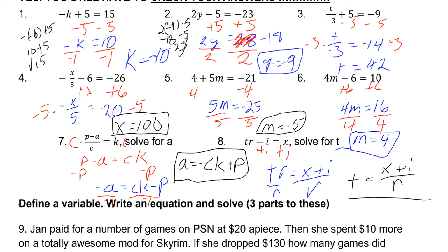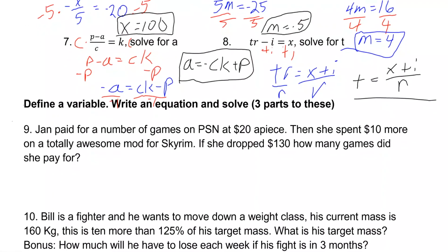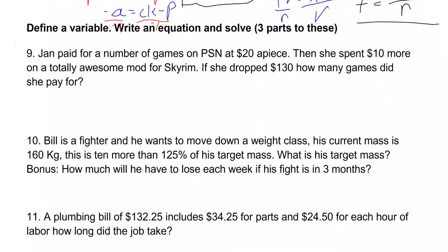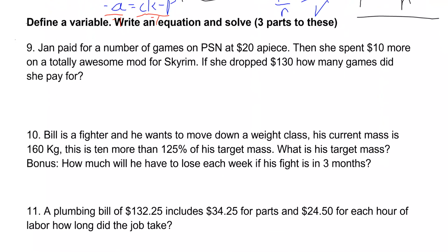So, next, moving on, it says to define the variable, write an equation, and solve. So there's three pieces to this. We need to define a variable, write it, and then solve it. To start off with, it says Jan paid for a number of games on PSN at $20 a piece.